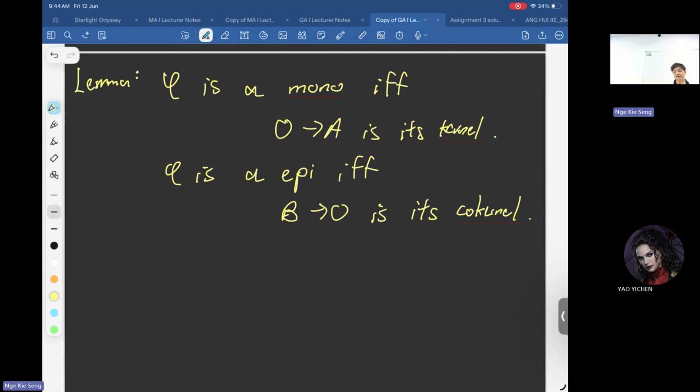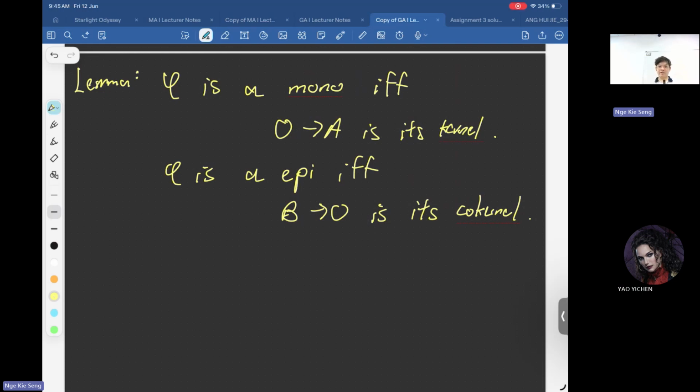Once we establish this, it is very similar to what we know about injective maps. If a map is injective, then the kernel should be 0. If it is surjective, then the cokernel should be 0 because your image can reach everything. So this will be very similar to what we have.